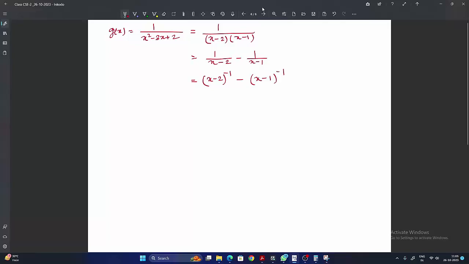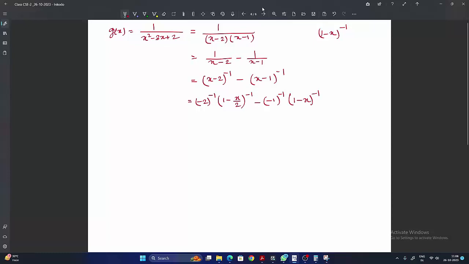After that we don't have this type of formula, we have formulas of 1 minus x to the power minus 1. So you have to take it like that. So take minus 2 common from here: minus 2 to the power minus 1 you will take common, and then you will get 1 minus x by 2 to the power minus 1, and here you will get minus 1 to the power minus 1 common, and then you will get 1 minus x to the power minus 1.